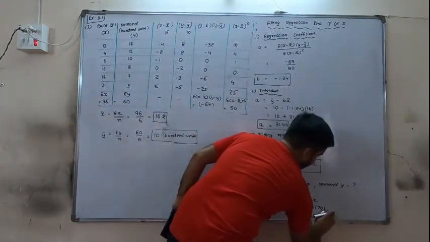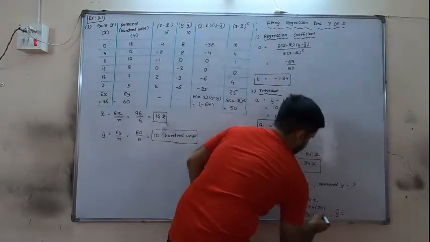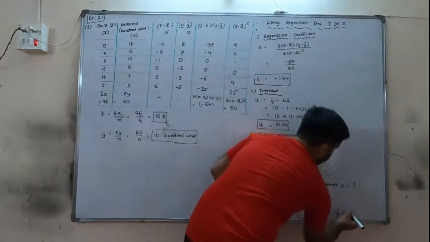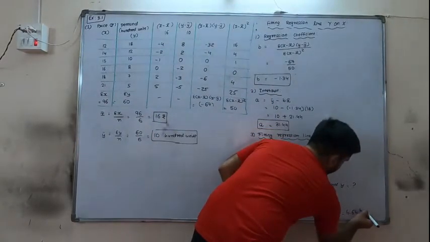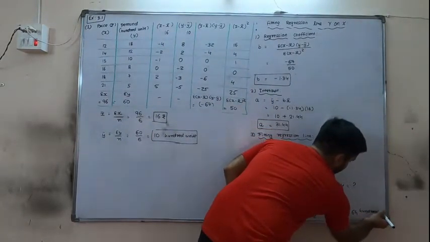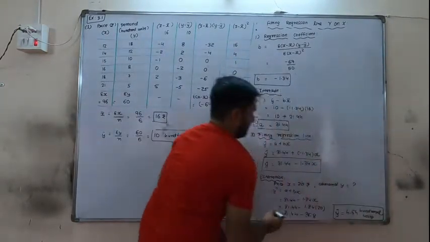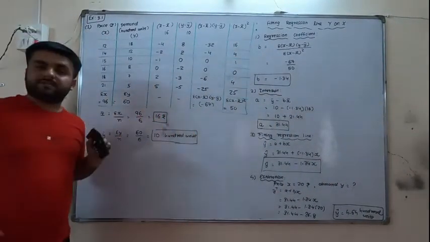So y cap is equal to 31.44 minus 26.8, which is 4.64, 100 units. The unit should be of y, 100 units.